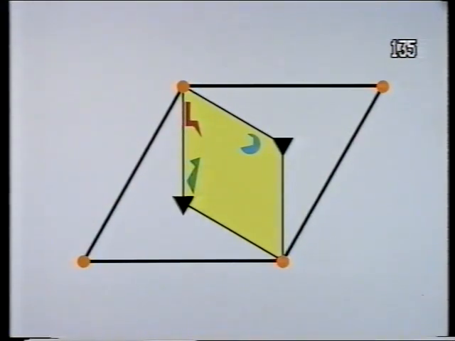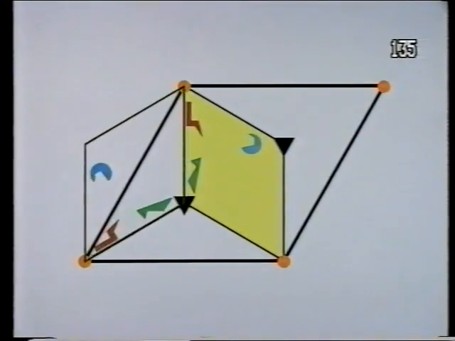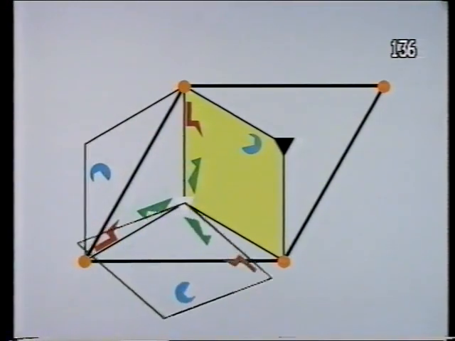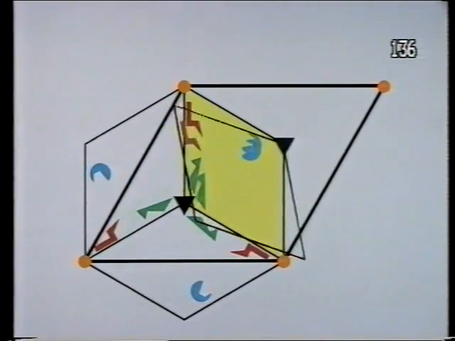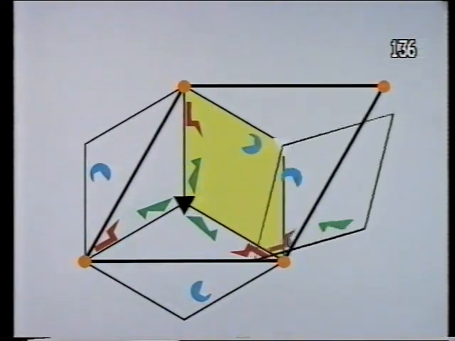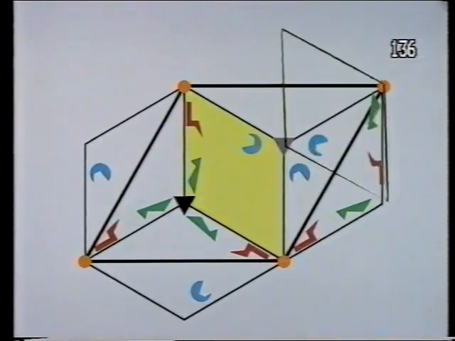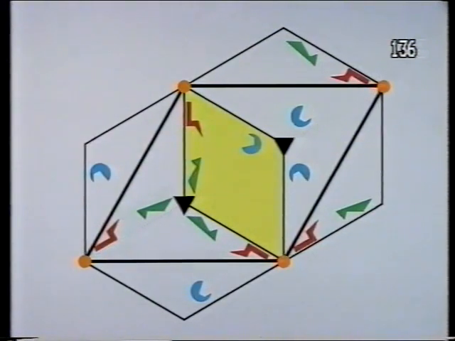For example, rotating 1/3 of a turn about the left-hand interior 3 centre gets us this picture, and rotating again brings us here. Then doing the same about the other interior 3 centre, we end up with this picture. We can still generate the whole pattern by translating just the parallelogram.